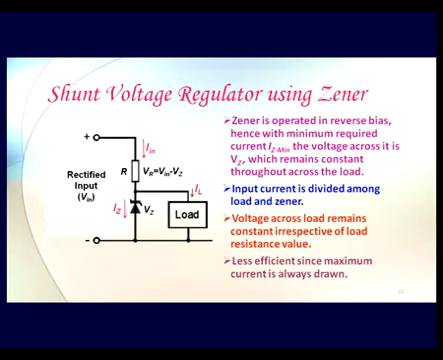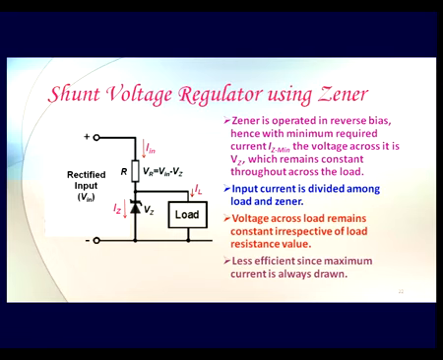That is, we are operating it in the reverse bias mode with a resistance between the supply and the Zener. And since we are operating this Zener in reverse bias, the voltage across it is going to remain constant, as we discussed earlier, the Zener voltage, the reference voltage, across which we are putting the load. So this load is always going to see the same voltage, which is the Zener voltage.